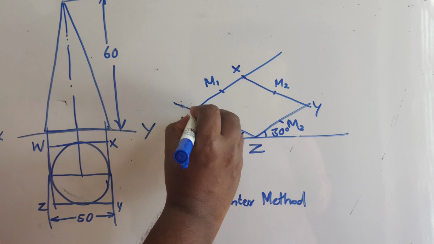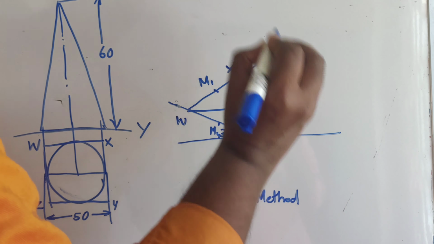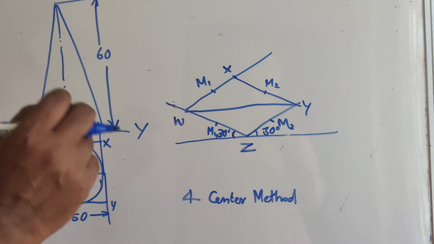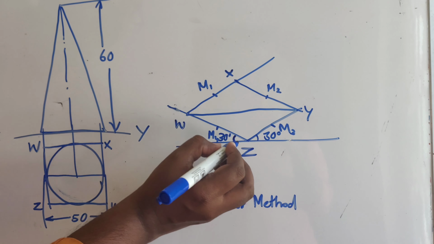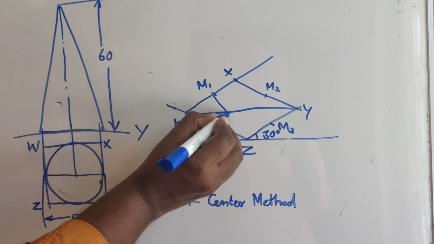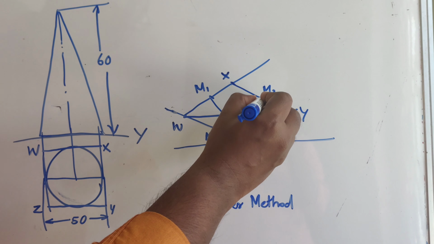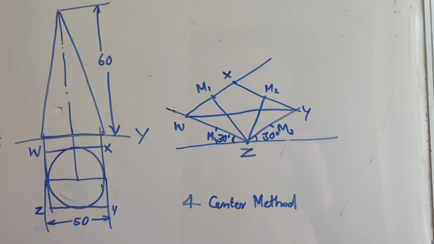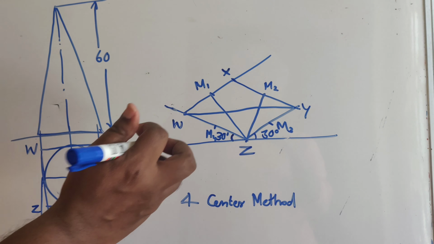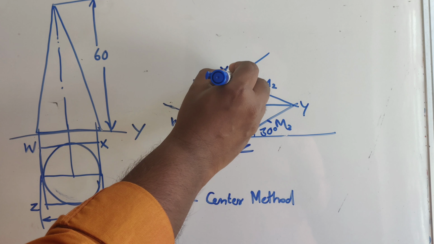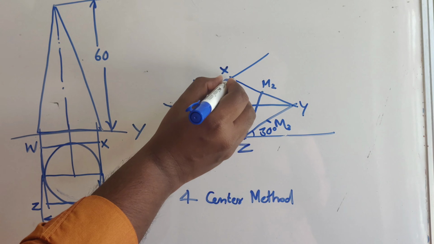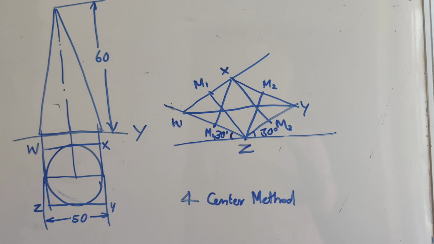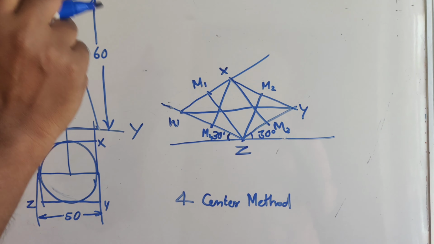Join WY, which is a diagonal. The next step is to join ZM1 and ZM2. That is, the opposite midpoints you are connecting with this particular corner. Similarly, from X you can join M3 and M4. Now you got four centers.